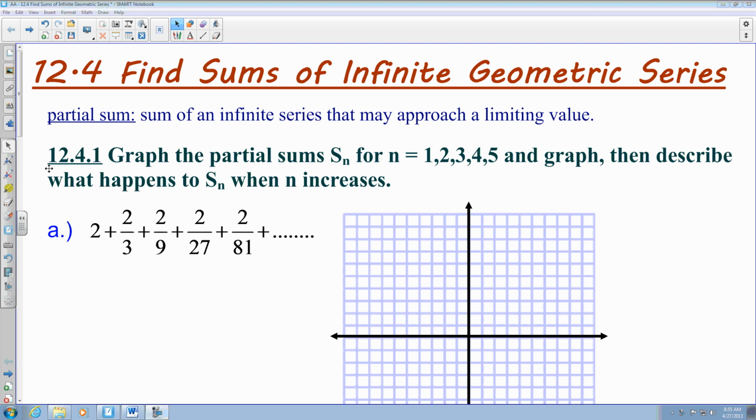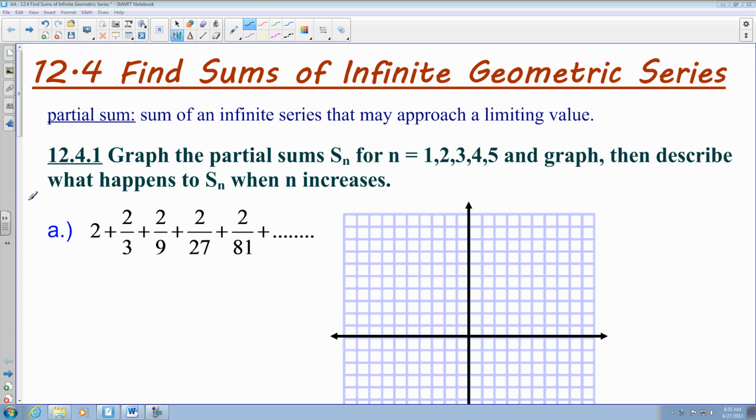All right, so we're in section 12.4 where we're going to find the sums of infinite geometric series. Now, in section 12.3, we were able to use an equation for finding geometric series in a finite state, which means it had a certain stopping point.